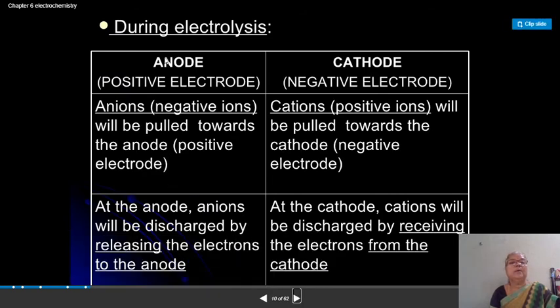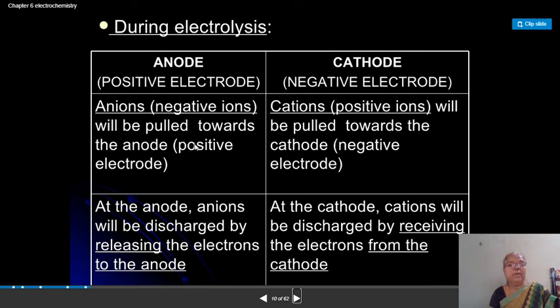Then here, what happens during the electrolysis? Anode is a positive electrode, cathode is a negative electrode. Anions, that means negative ions, will be pulled towards the anode, that means the positive electrode.